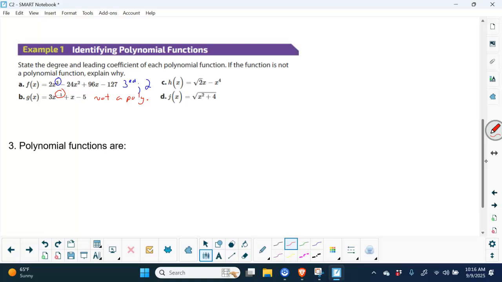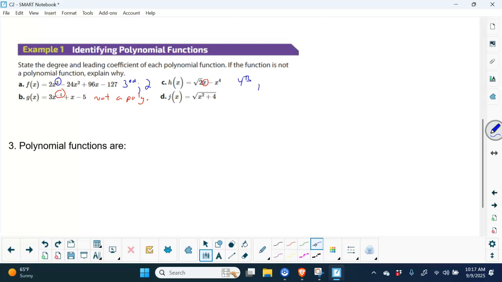Okay. All right, C. Now the square root is with the 2, not with the x, right? The x here is not under the radical sign. So that's okay. This is a polynomial. What's the degree? Well, it doesn't always go in order. It's the highest power, so it's a fourth degree, right?